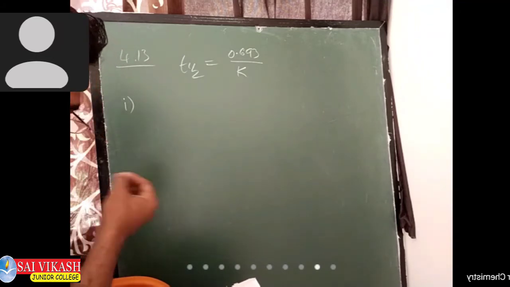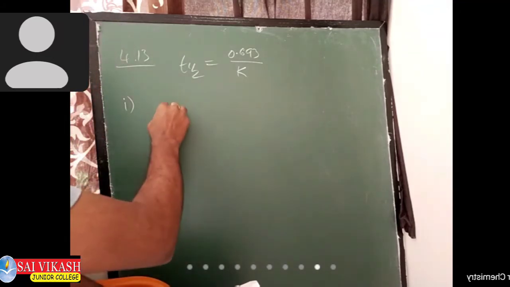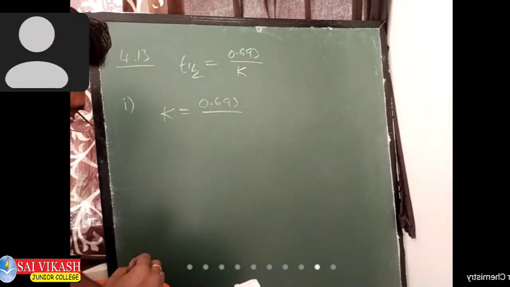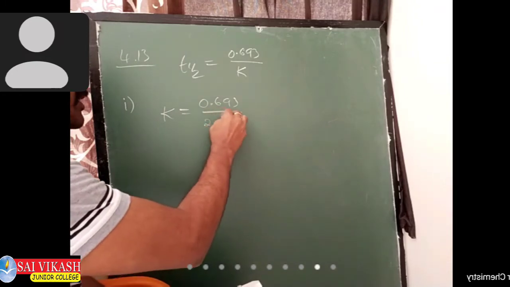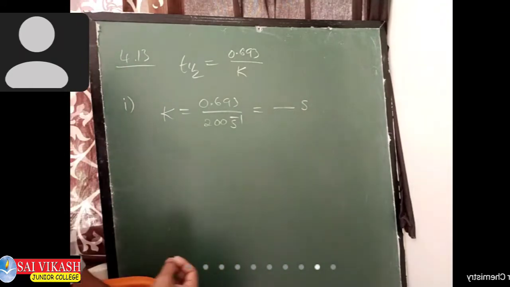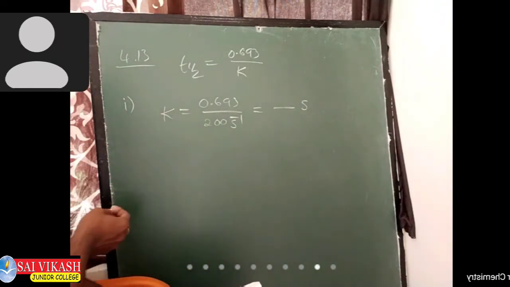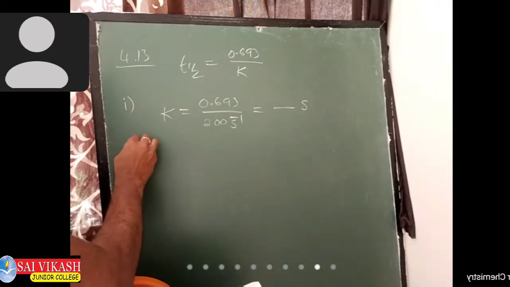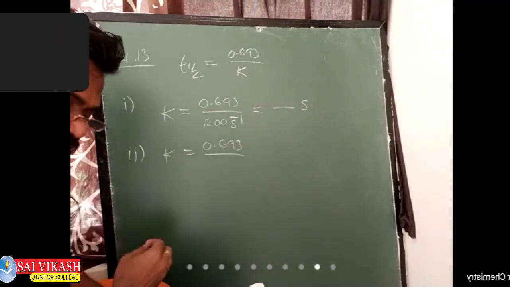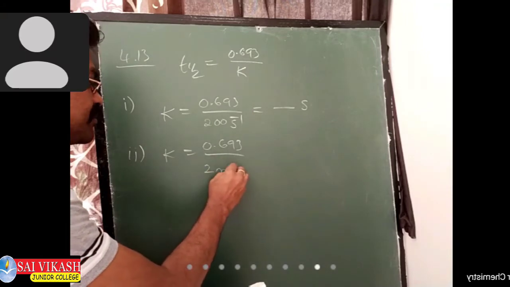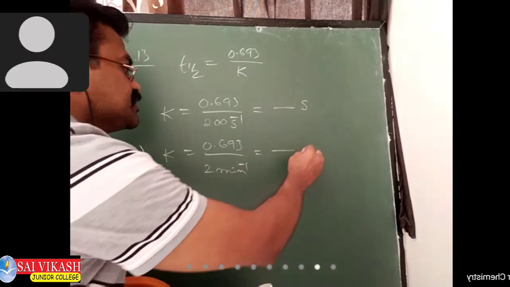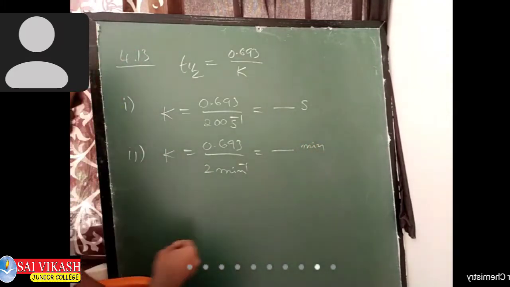Half-lives are given, K they are asking. So K is equal to 0.693 by half-life, 200 per second. Simplify, you will get some value in per second. Number 2, K equal to 0.693 by 2 per minute. Simplify, you will get the answer in per minute.